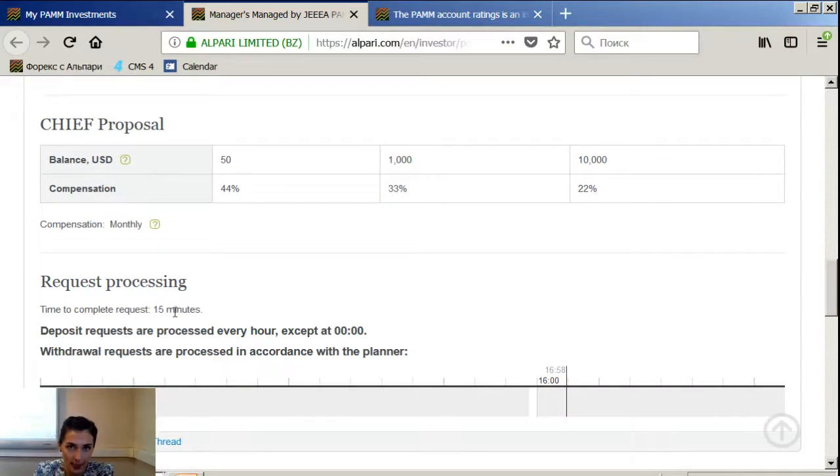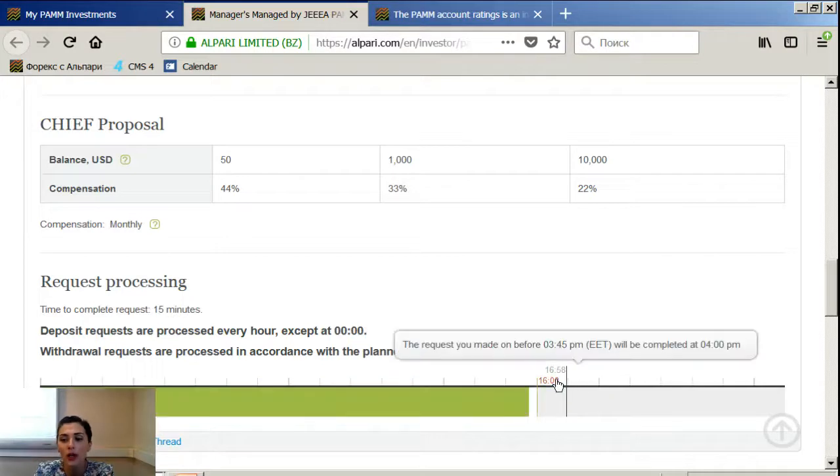Request processing. This is the request planner. You can see here only one open hour, one open rollover for withdrawal of funds. So withdrawal requests are executed at 4 p.m. Eastern European time. So what is important about the Eastern European time?